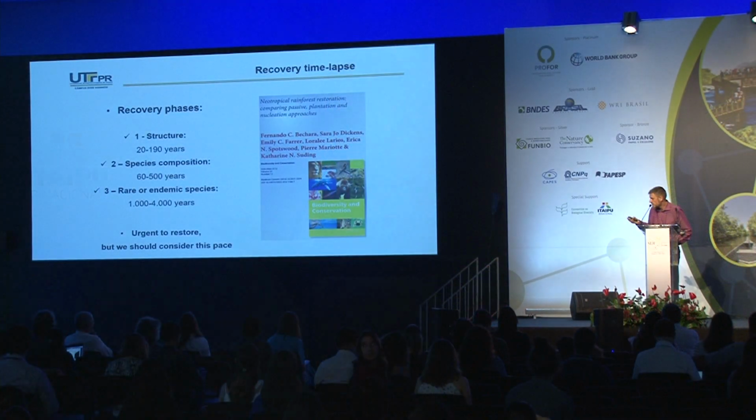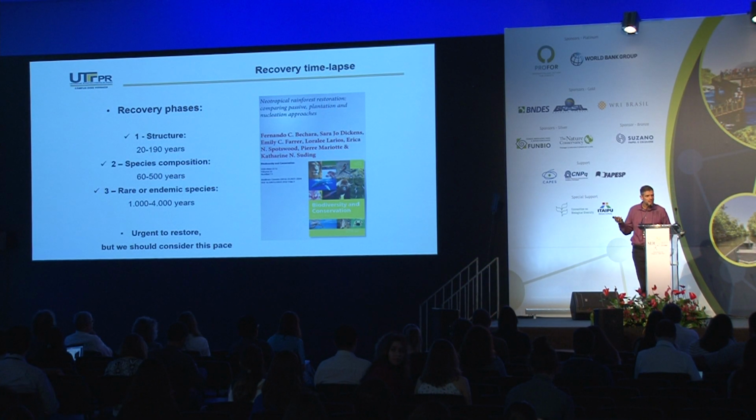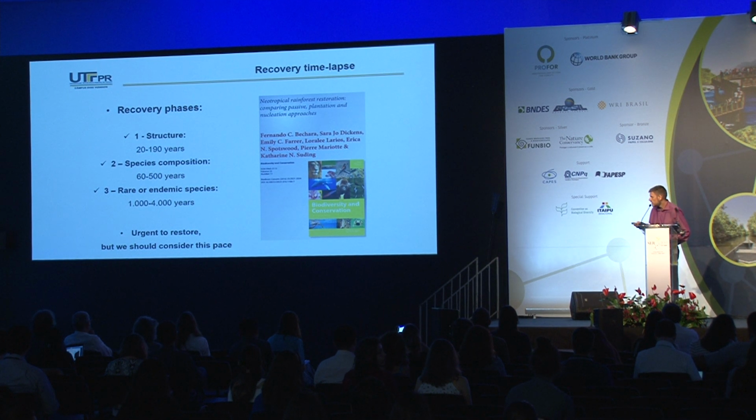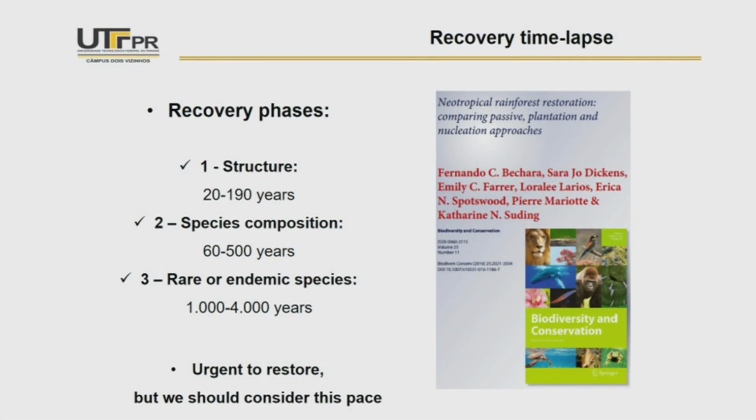And more than that, if you consider a third phase, where you recover rare and endemic species, it could take, depending on the area, some thousands of years. So what I mean here is that the succession process is really slow. So we should respect that if you want to have a good ecological restoration. So sure, it's urgent to restore, but we should consider this natural pace.